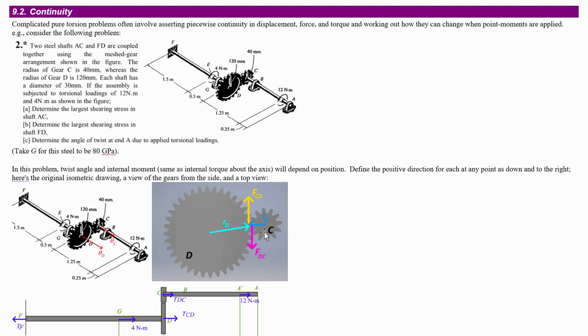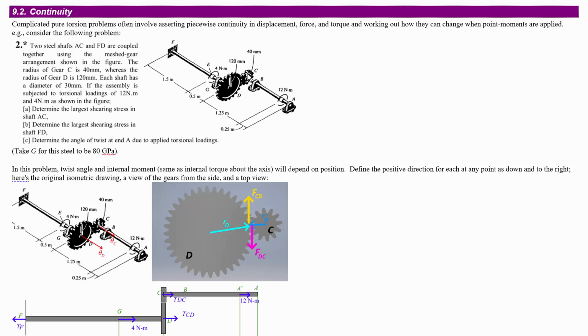That means that the torque applied on gear C from this force is going to be less than the torque applied on gear D from this force. So this is a way that you can step up the torque applied across this junction. We've got a point moment of 12 Newton meters applied here and 4 Newton meters applied here. We end up stepping up the torque as we jump across this.